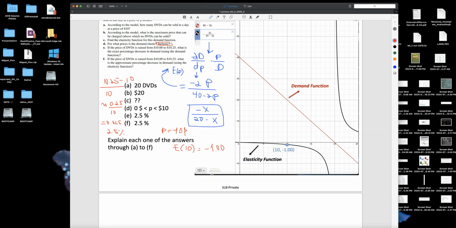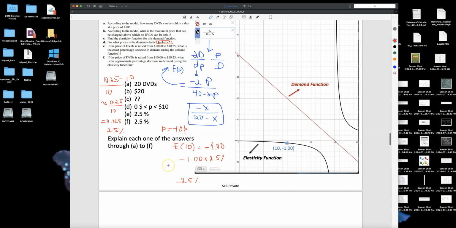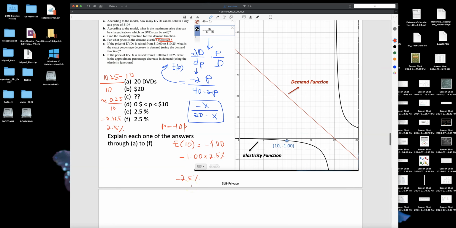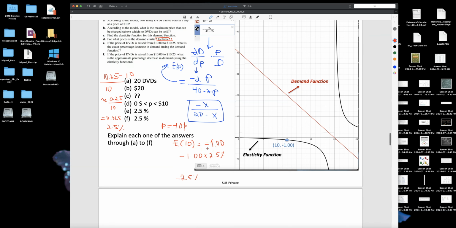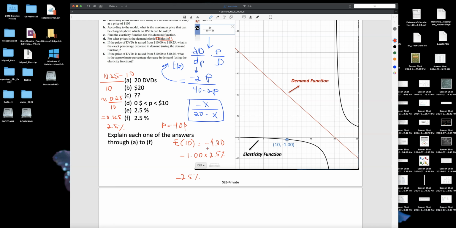If I change the price from $10 by 2.5%, the change in demand is going to be -1 times 2.5%, which is minus 2.5%. What this is telling you is that my demand is going to decrease by 2.5%, because this number represents the percentage change in demand per 1% change in the price.